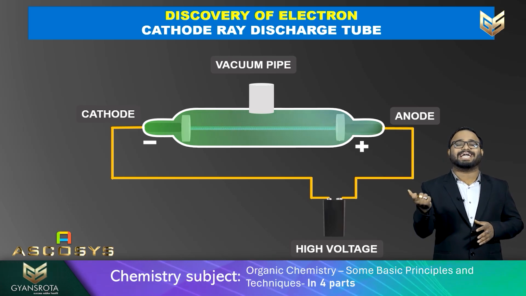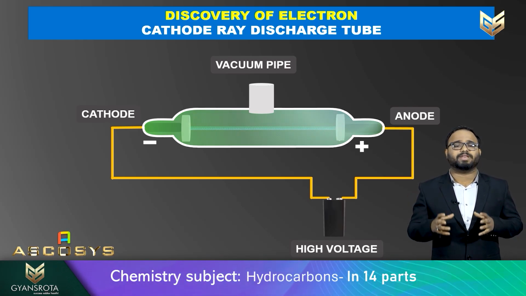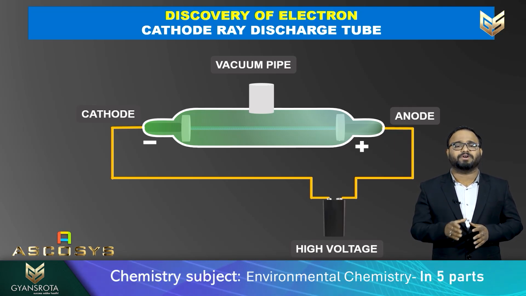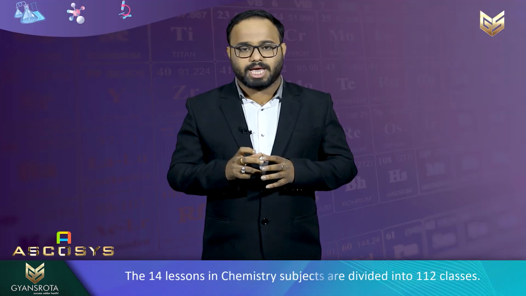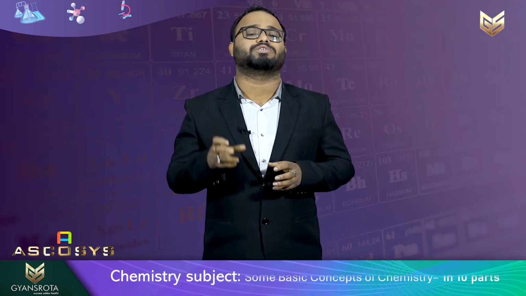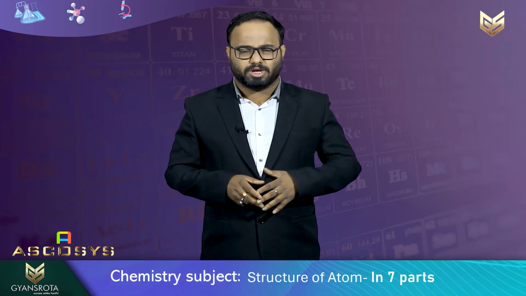Electrical discharge through gases could be observed only at very low pressure and at high voltage. The pressure of different gases could be adjusted by evacuation. When sufficiently high voltage is applied across the electrodes, current starts flowing through a stream of particles moving in the tube from the negative electrode, the cathode, to the positive electrode, the anode.